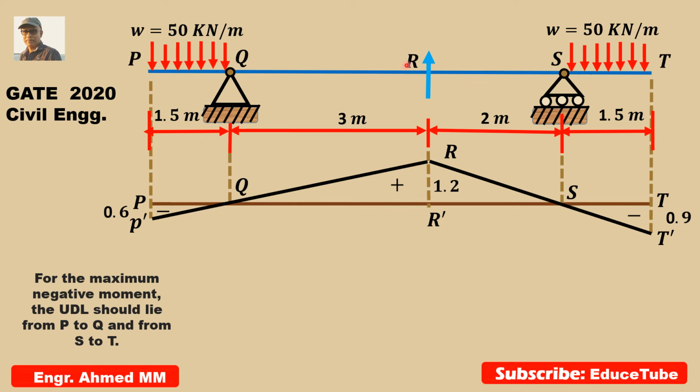We will not get the maximum hogging moment. That's why from the beginning we are thinking that these two distributed loads must be only on the cantilever.